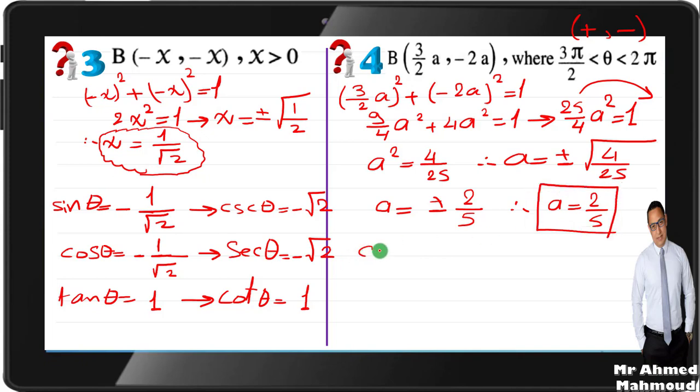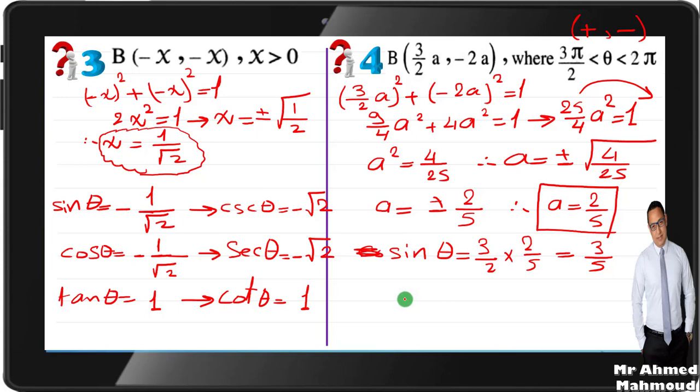So sine theta equals 3 over 2a, which equals 3 over 2 times 2 over 5, which equals 3 over 5. And I will leave the cosec for you.